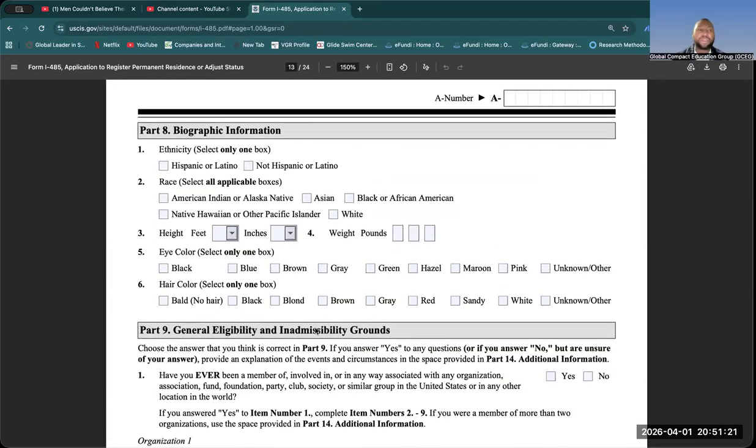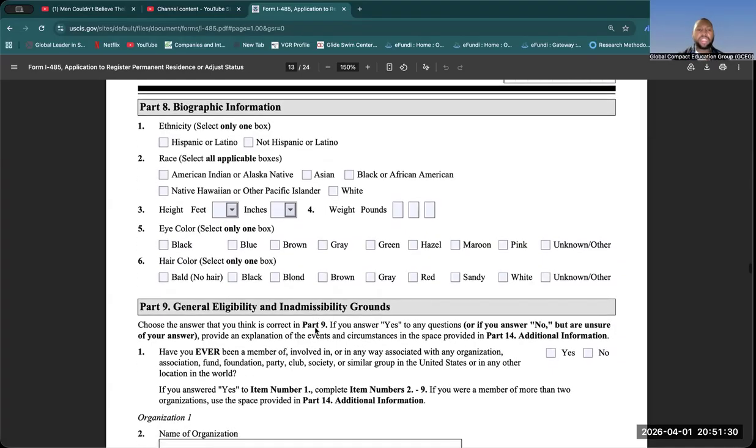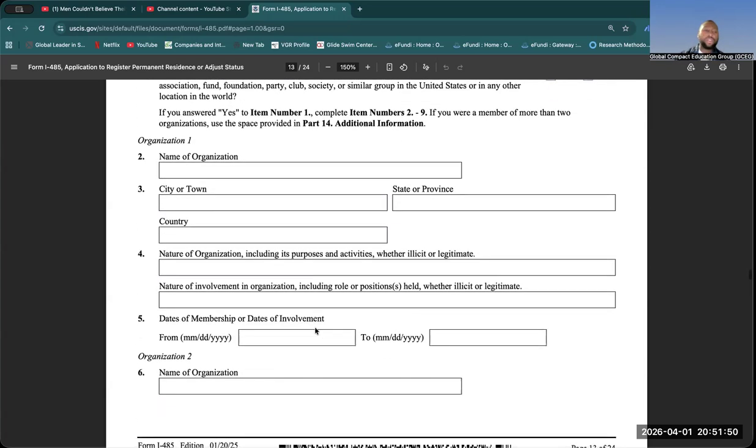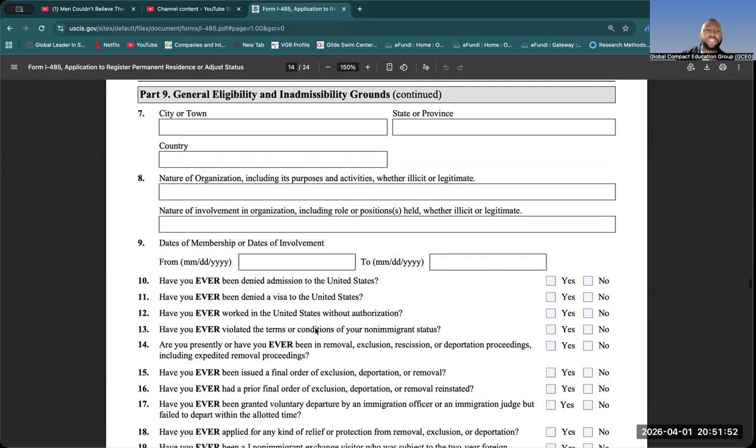Then biographic information. In most cases, you already have this information when you go to take your driver's license and everything. Then grounds for eligibility. Have you ever been a member of, involved in, or in any way associated with any organization, association, fund, foundation, party, club, society, or similar group in the United States or anywhere else? Answer it as a yes or a no. If it's a yes, then you put the names of the organizations there.